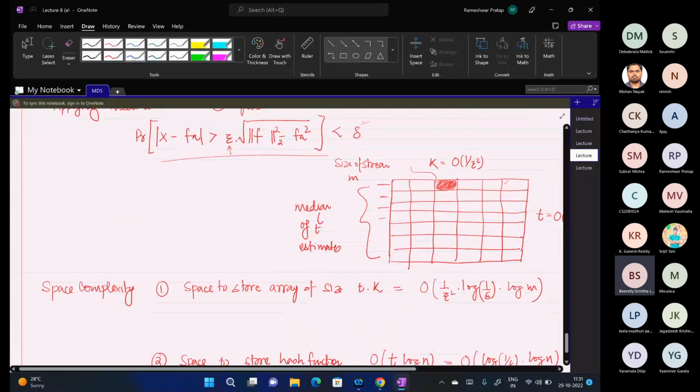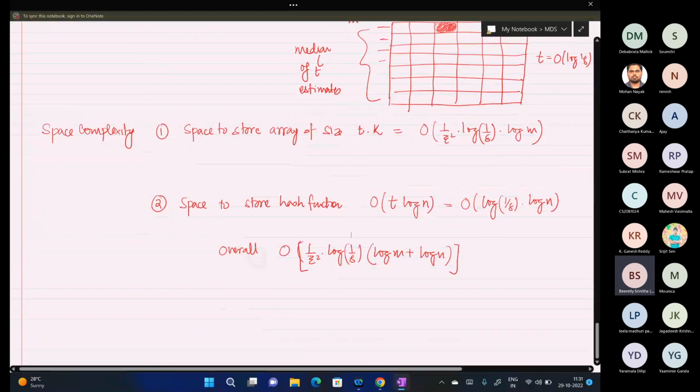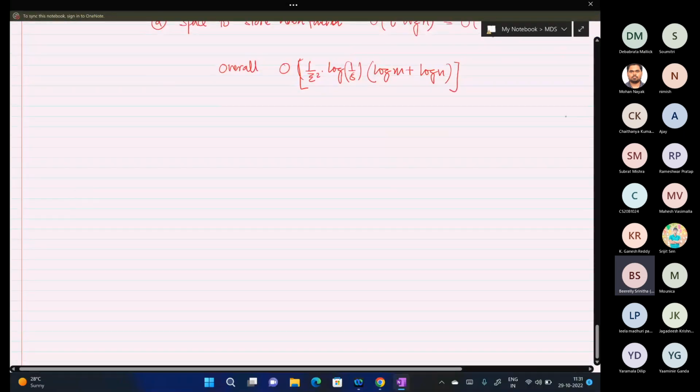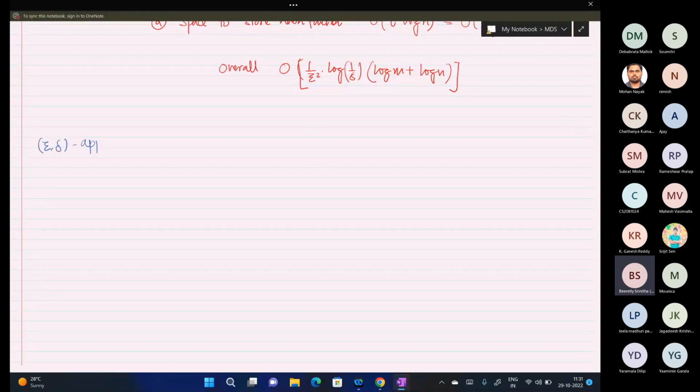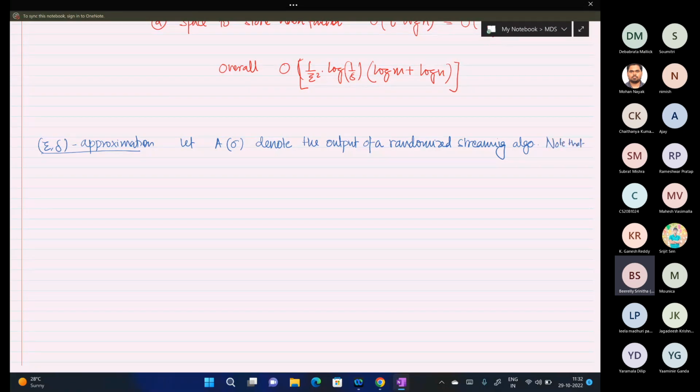Suppose A(sigma) denotes the output of a randomized streaming algorithm, and note that A(sigma) is a random variable.